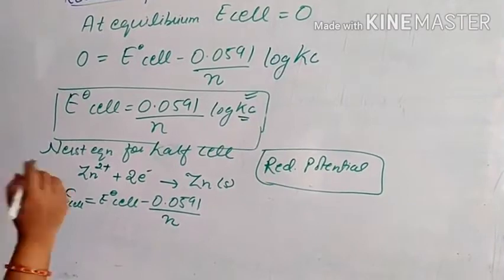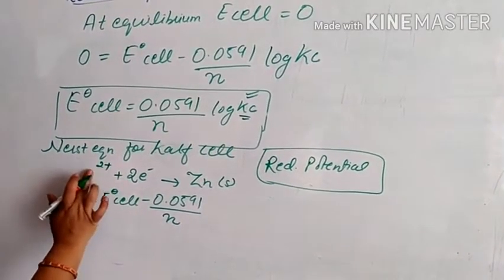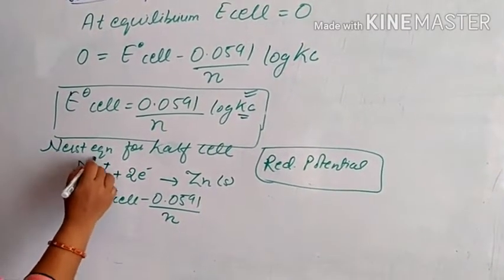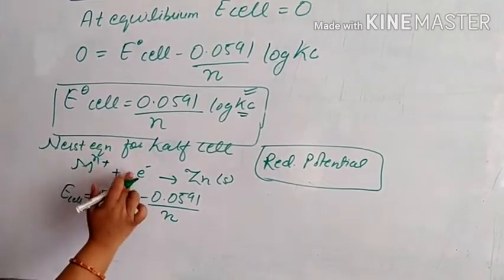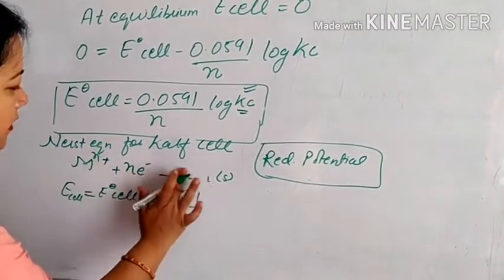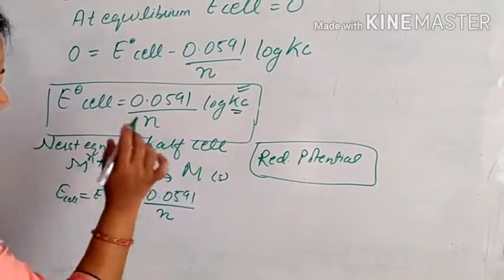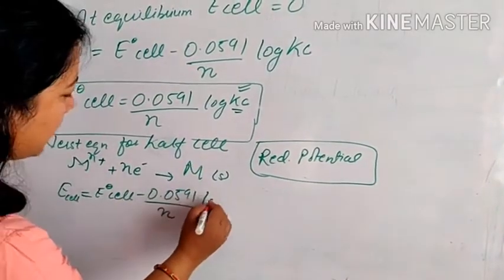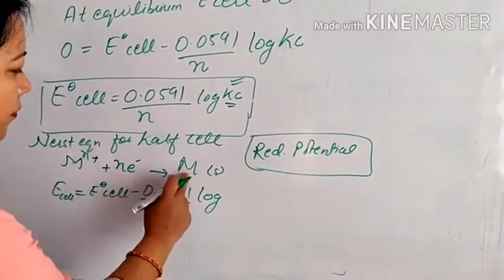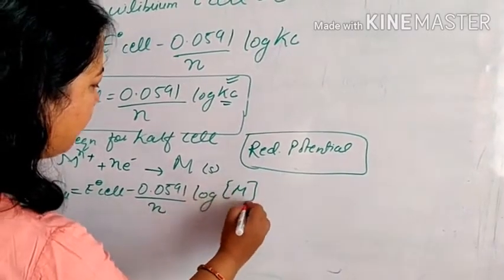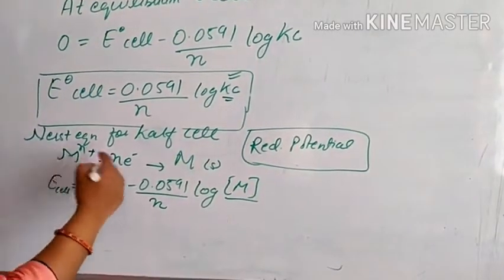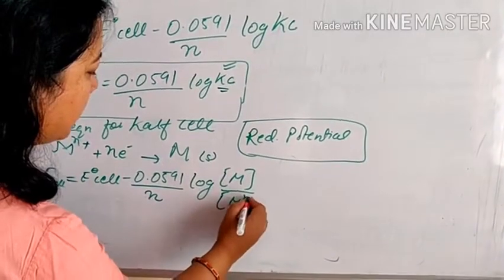But for a general reaction, like M n+ accepts an electron and changes into metal M, we can write the equation like this. Log of product, what is the product here? M, which is a pure solid, upon the concentration of M n+.